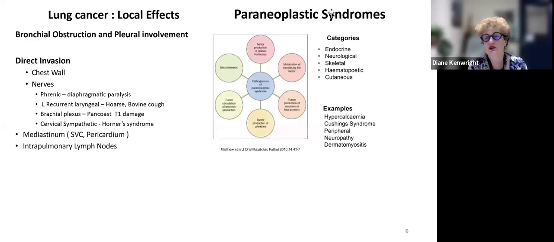Lung cancer is also famous for its paraneoplastic syndromes. This is where it releases hormones and causes abnormal hormonal action at a distance.